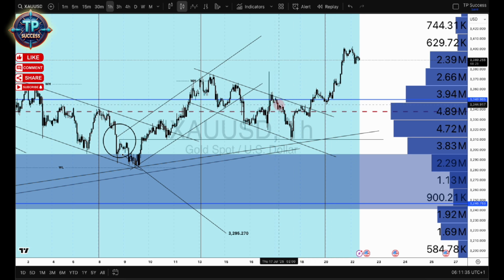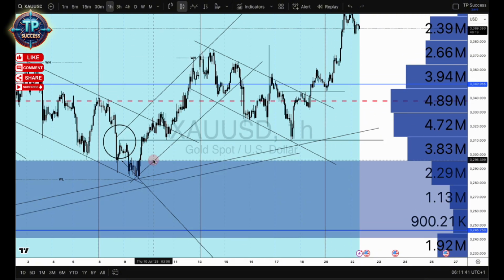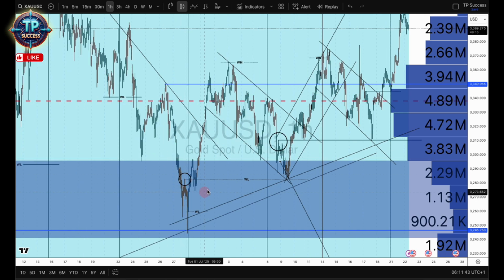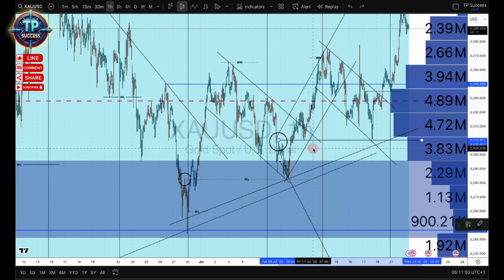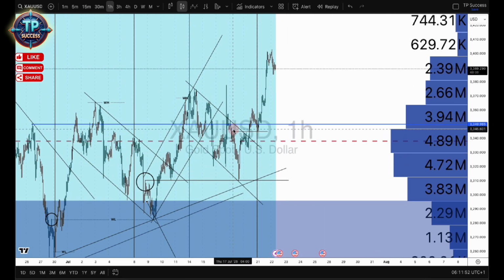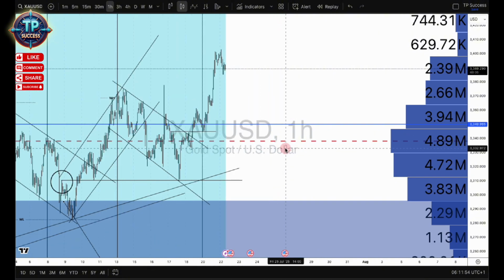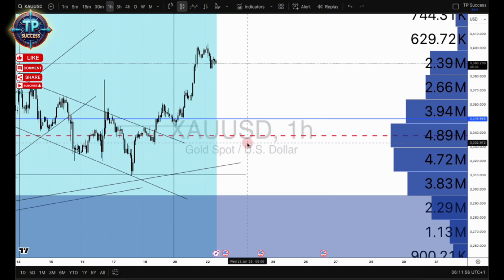So let's lock in from this position over here, and what we can see is the same thing that happened over here is the same thing that's happened over here, and it's the same thing that happened in this area also before price took off.